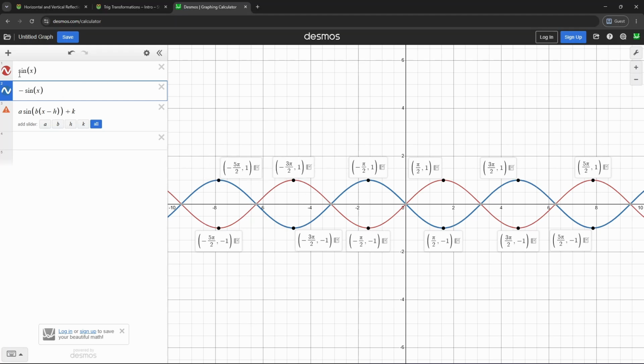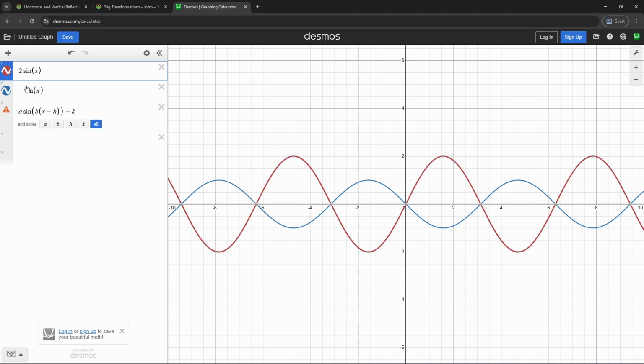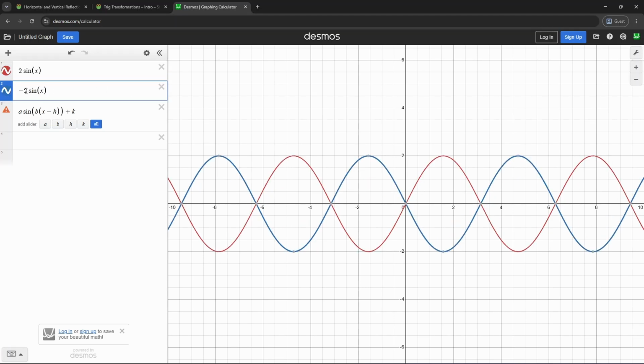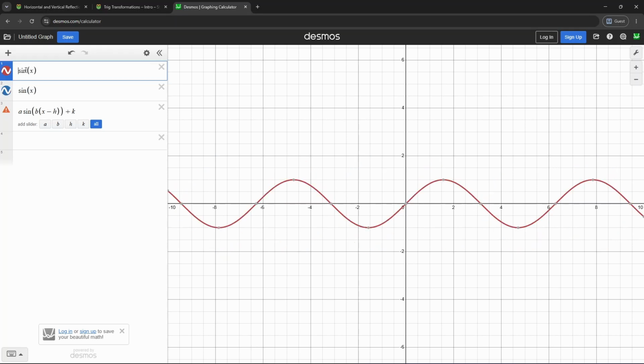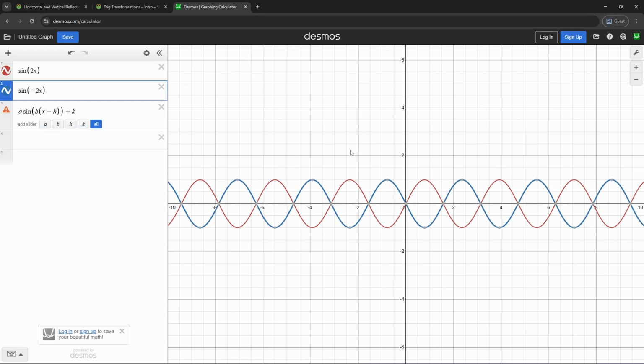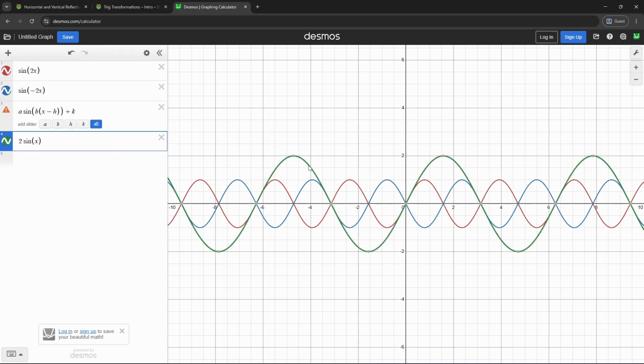I think maybe it gets more obvious if you do something like 2 sine x and then negative 2 sine x. You get this. Whereas if you put the 2's on the inside, you have the 2 there, then the negative 2 here. Now it looks a bit different. You still could see how this could be like a vertical reflection, but you don't have the amplitude change as well.